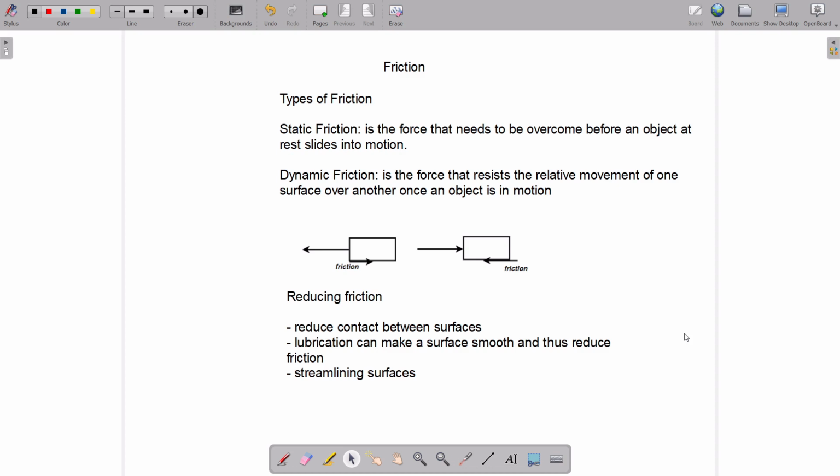For example, the bodies of cars are streamlined to reduce friction, which happens in the form of air resistance. Air resistance is a form of friction. Therefore, to reduce the air resistance that is acting, the surfaces of cars are streamlined, smoothened to reduce the effect of air resistance.